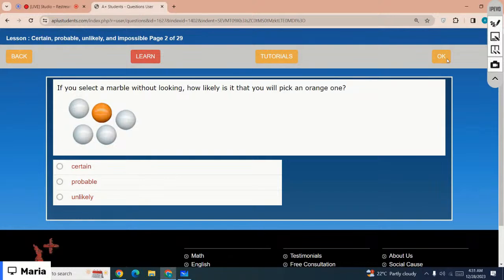If you select a marble without looking, how likely is it that you will pick an orange one? Which is the correct option? Certain, probable, unlikely. You can see you have one, two, three, four, five marbles, right?